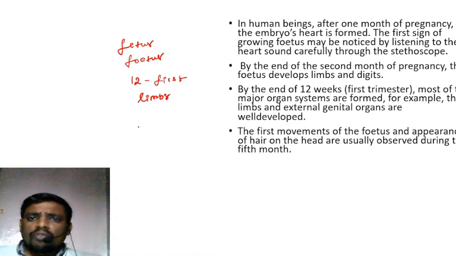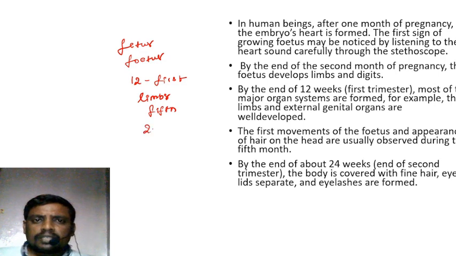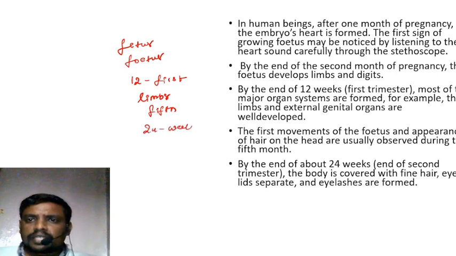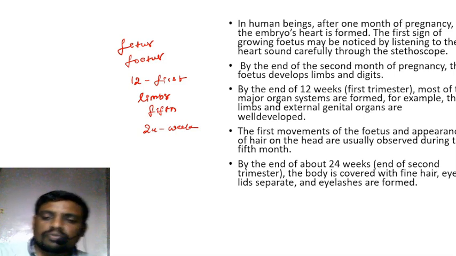In fact, the first movement of the fetus and appearance of hair on the head are observed during the 5th month. By the end of the 24th week, or 2nd trimester, the body is covered with fine hair, eyelids separate, and eyelashes are formed.